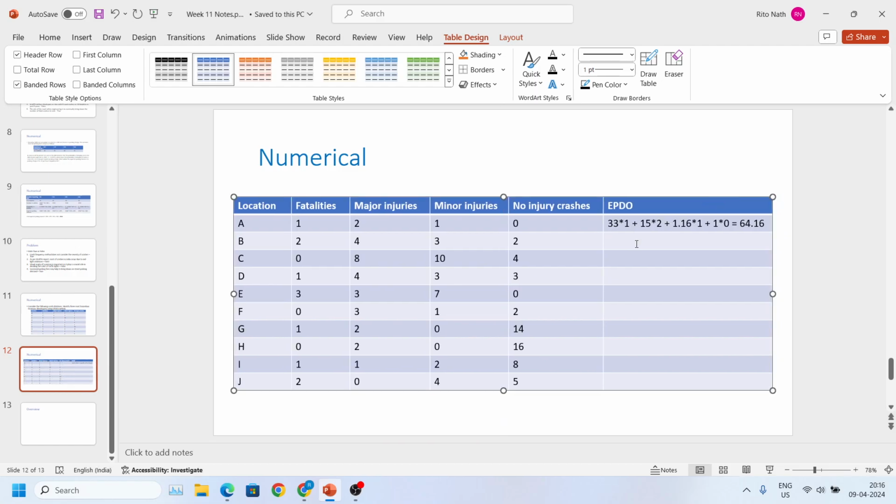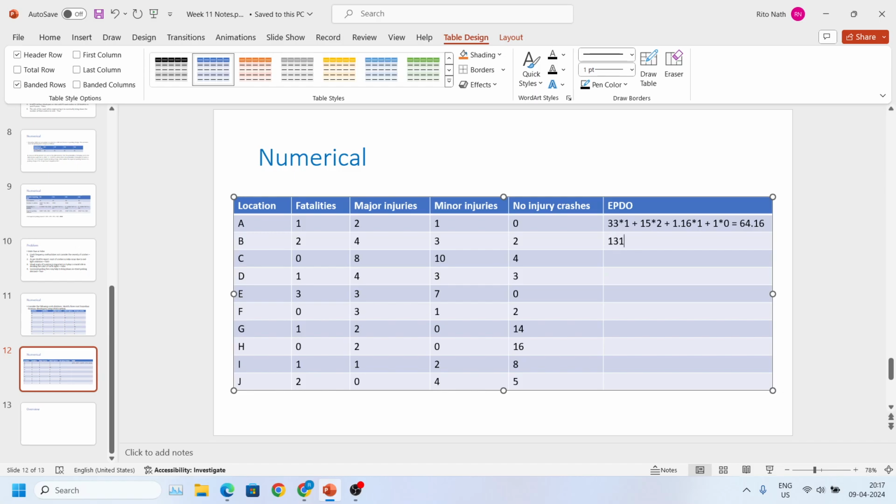Similarly, you have to find the EPDO value for every other location. So now for the next one, it's the same formula, 33 times 2 plus 15 times 4, then you have 1.16 times 3 and 1 times 2.